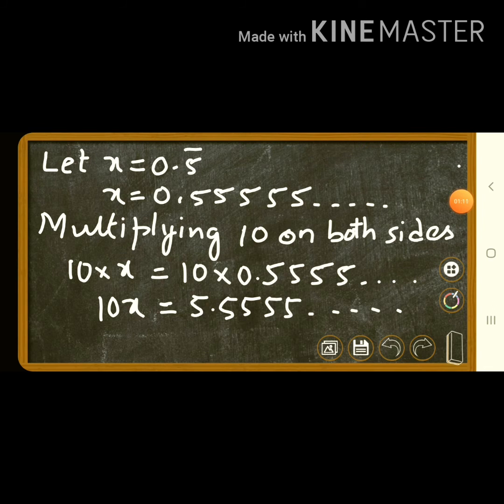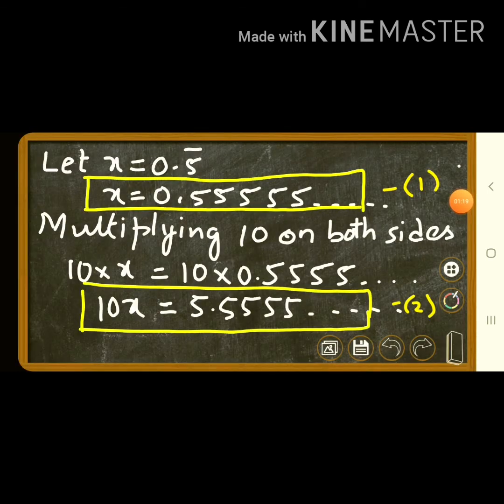Now consider this as equation 1 and this is equation 2. You can see equation 1 and equation 2 here. Now let's go to the next step.